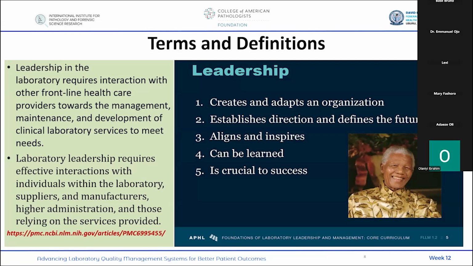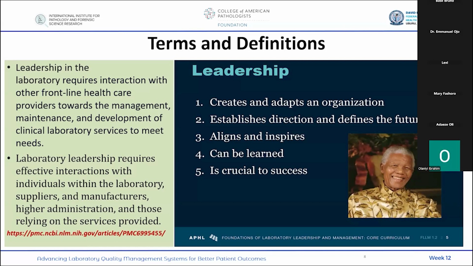I've already talked about the needs you are meeting as laboratorian, which is the patient that we are running their samples. So everything that you do as a leader will be to interact with other colleagues towards the management, towards the maintenance and development of clinical lab services so that you can meet their needs.